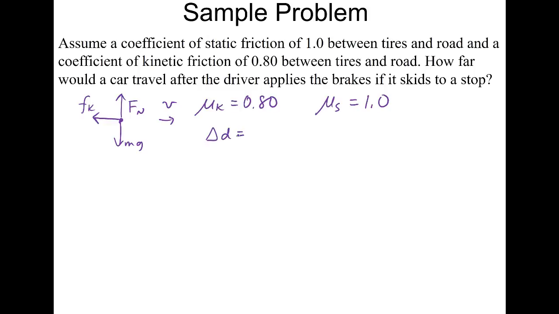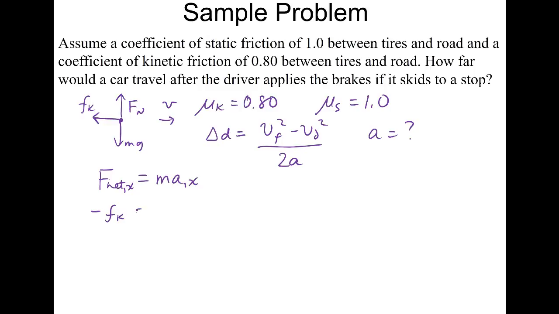We're going for delta D, and we could find that by using the forgotten equation, v final squared minus v initial squared over 2a. So the intermediate we're looking for here is a, and we would solve this by noting that F net equals ma, and the only force in the x direction would be kinetic friction, and it would be in the negative direction.